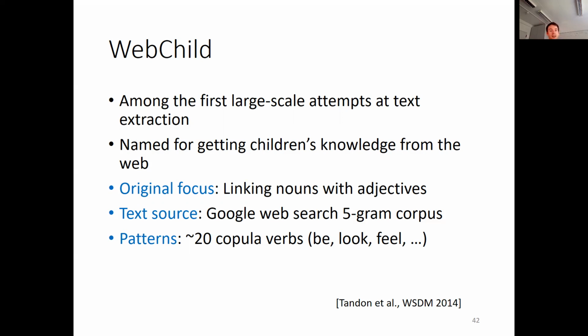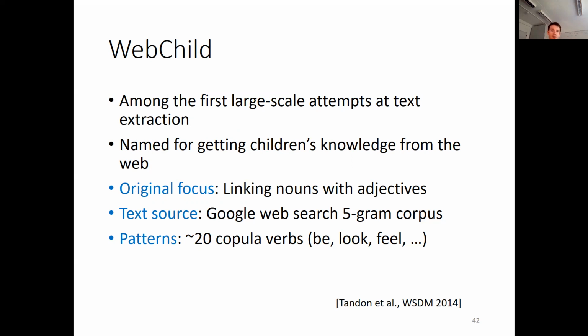It is named after the idea of reading the web like a child, or getting the web as clever as a child. The original focus of the project was linking nouns with adjectives, so which adjectives apply to a certain noun. It was later extended to other kinds of knowledge, but I'll stay with this initial idea of nouns and adjectives.